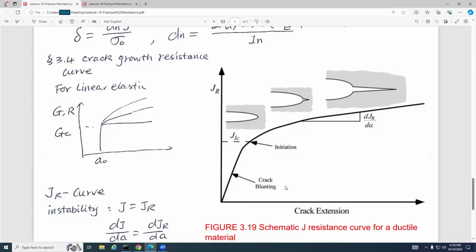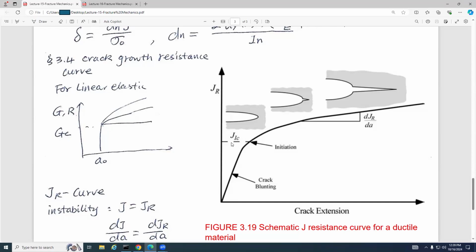As the load increases, it goes this way, which means blunting, but the crack length is still there. The crack length does not change. Only after this blunting, when it reaches some value, the crack propagates. This is how the material behaves if you keep increasing the loading.